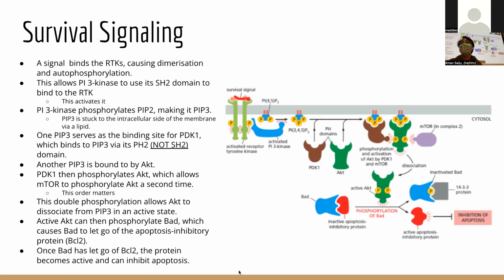Yes. So if you increase the percentage of BAD BCL2, would it still inhibit apoptosis or no? So the question is, if we decrease the affinity of BAD for BCL2, would apoptosis still occur? So your question is really coming down to what is even the function of BAD, right? Like when BAD is bound to BCL2, your cell will die. Wait, what? Yeah, no, that's when BAD is not bound to BCL2.